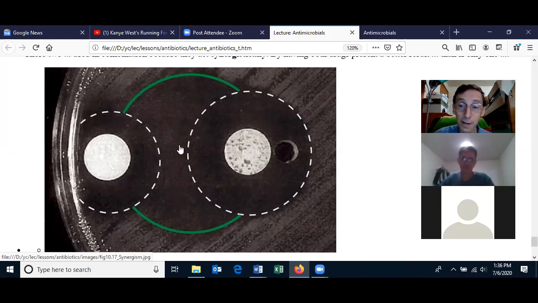Any questions about that? So the zone of inhibition is greater together than either would be by itself. The two drugs work synergistically, meaning they work better together than by themselves. Any questions about that?